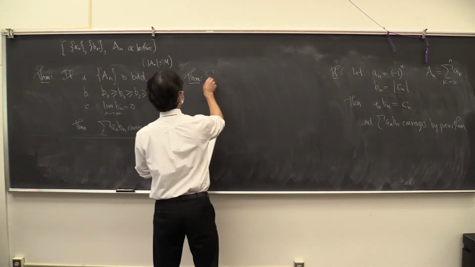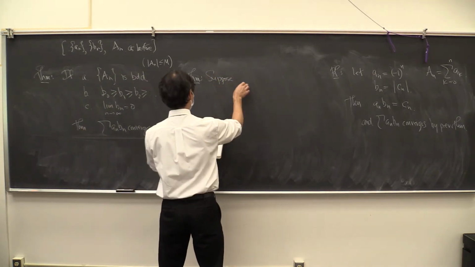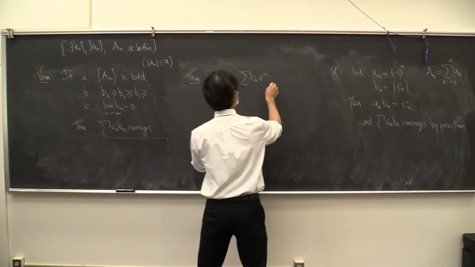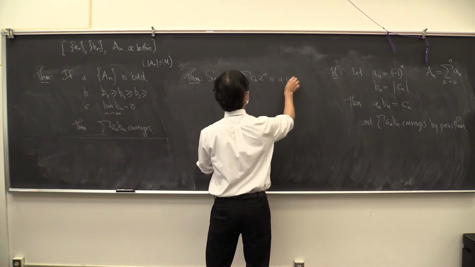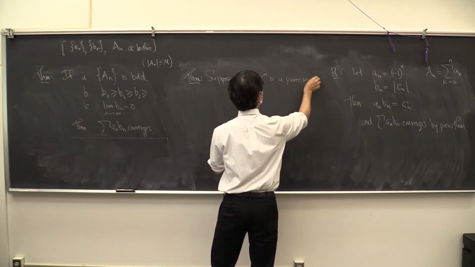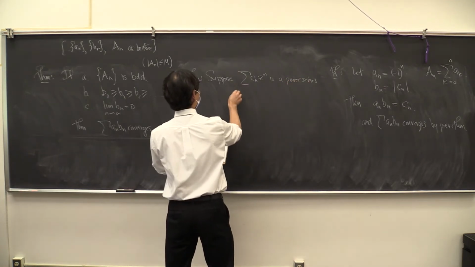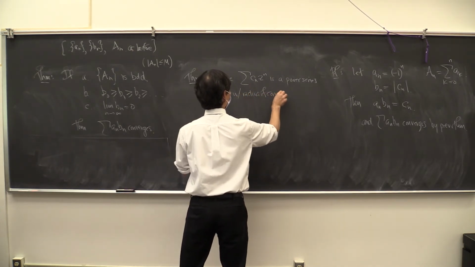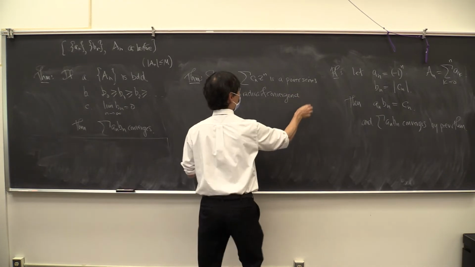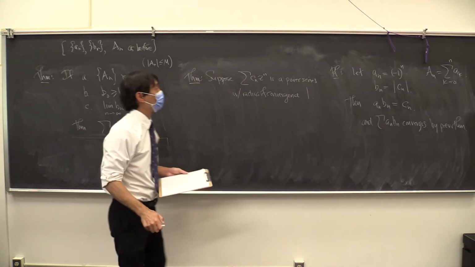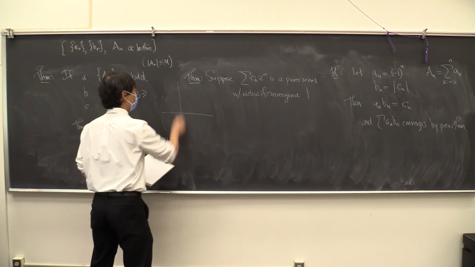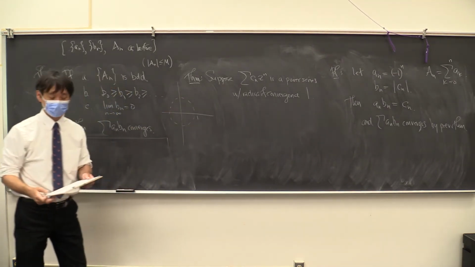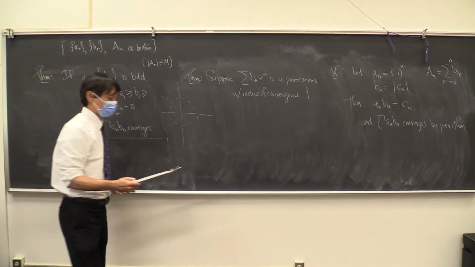Suppose that the summation of c sub n z to the n is a power series with radius of convergence equal to 1. So you have a power series. You know that it converges in the unit disk.